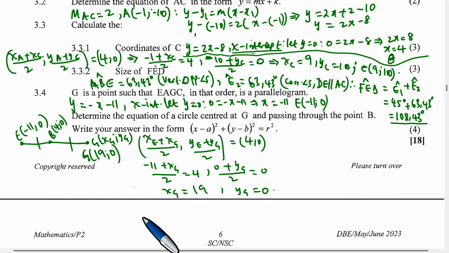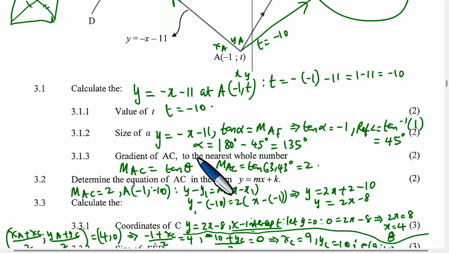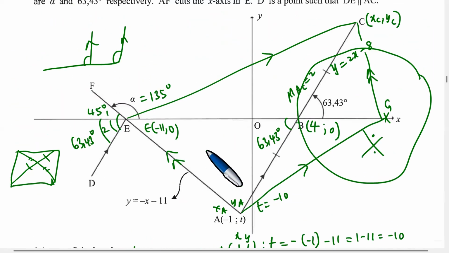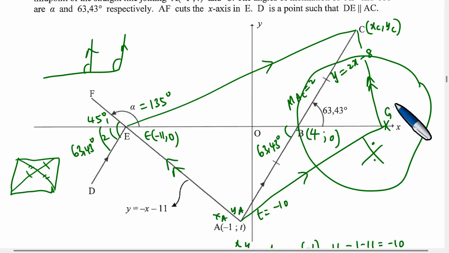Okay, this will be the coordinates of the point G. And then if that is true, we would be interested in finding the equation of that circle. So the coordinates of the point G are 19 together with 0. And so at this point we know the coordinates of G.